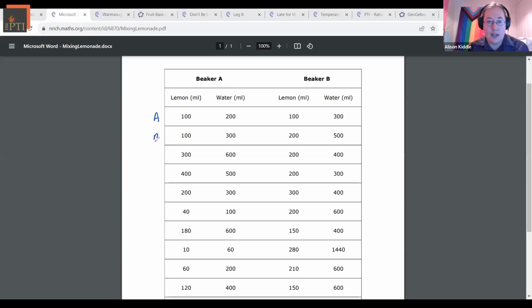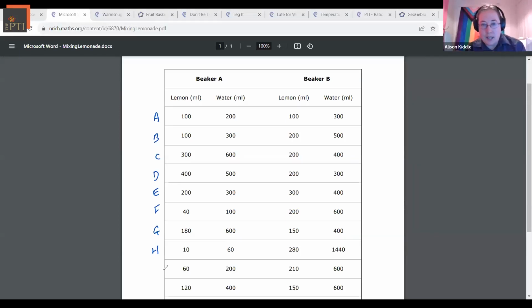So let's call this A, B, C, D, E, F, G, H. And of the different strategies that we've looked at so far, can you make the lemon the same? Can you make the water the same? Can you use a unitary method? Can you express it as a fraction? Can you express it as a decimal?